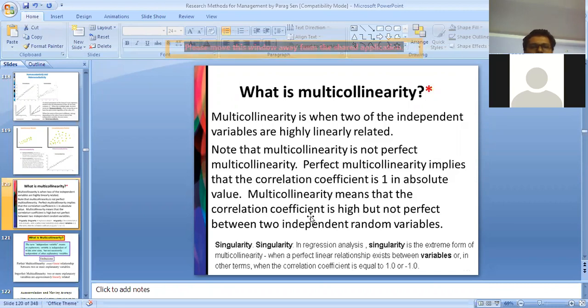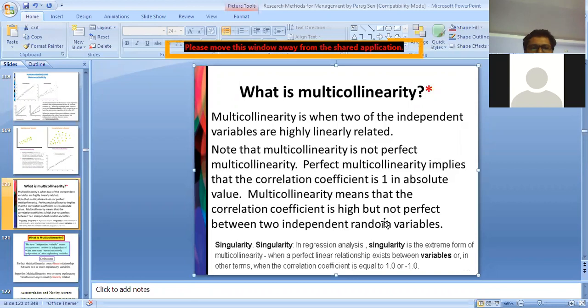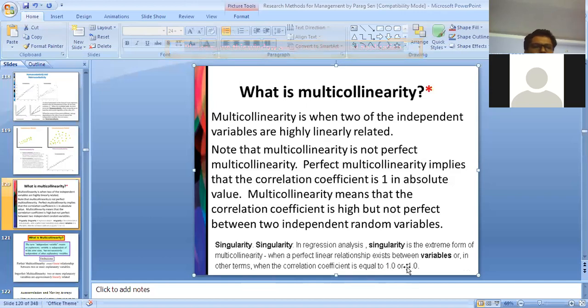Multicollinearity means that the correlation coefficient is high but not perfect between two independent variables. Then singularity. In regression analysis, singularity is the extreme form of multicollinearity, when a perfect linear relationship exists between variables, or in other terms when the correlation coefficient is equal to 1 or minus 1.